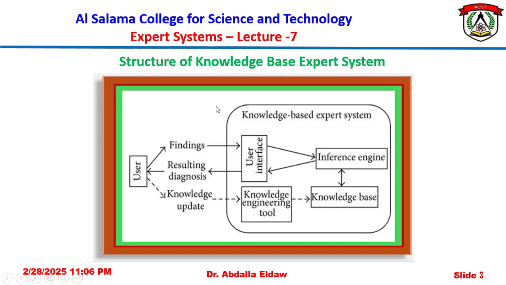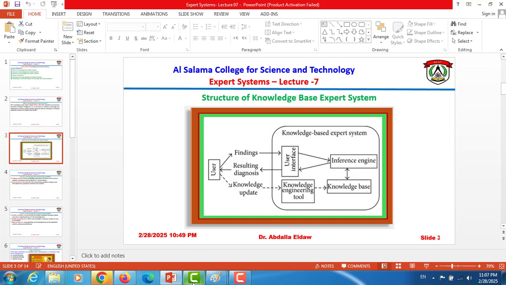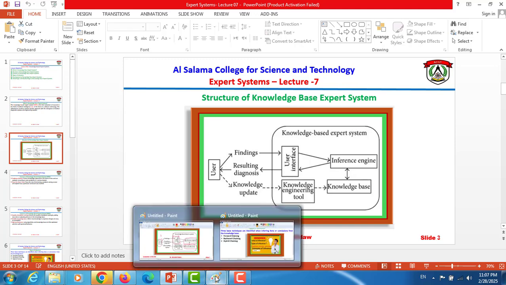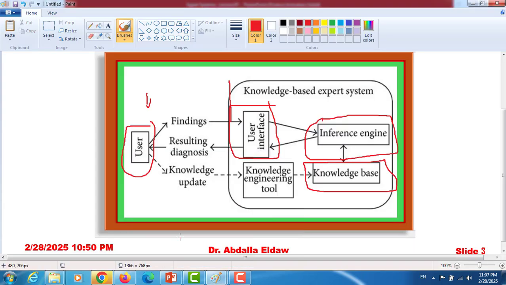The structure of a knowledge-based expert system, we can explain in more detail if we return to the paint. We can find that there are some components existing in the previous expert system, like the shell or expert system in general, user and user interface, inference engine, and knowledge base.